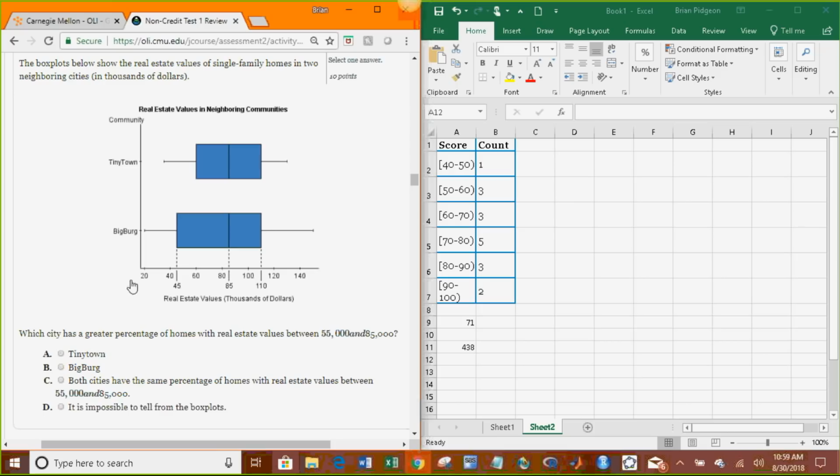So if we're looking at 55,000 and 85,000, here's 85, it's the median for both groups, and 55 looks to be about here, where the cursor is. So what you'll see with Tinytown is that we have some values in our whisker, and then it looks to be about 25% in that first box up until 85. So we have this amount of values.